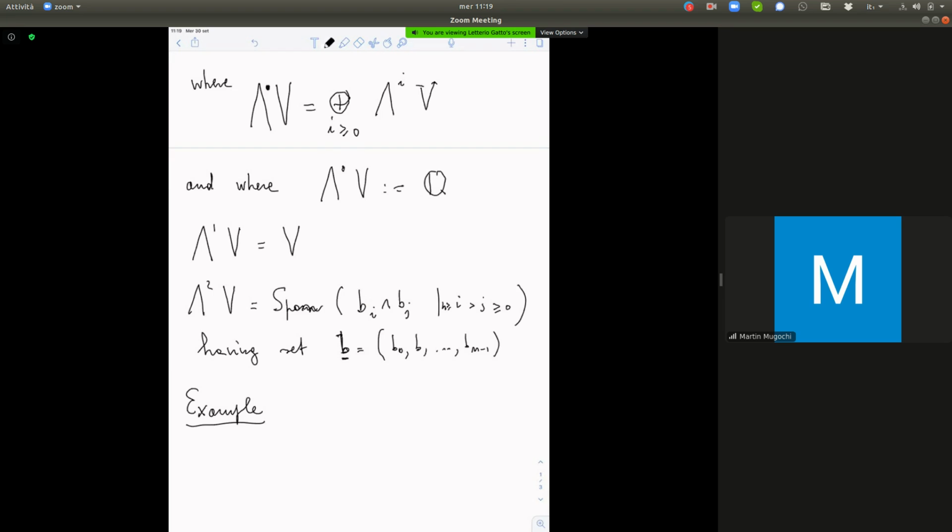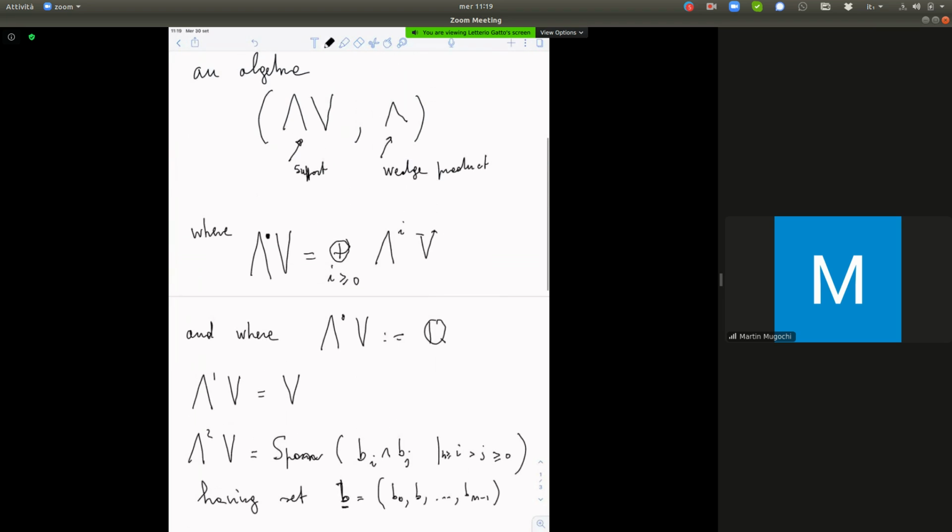I would prefer EV or something, an E where the wedge is, on that wedge V, the one we are calling the exterior algebra. Yes, a curly E, for instance.